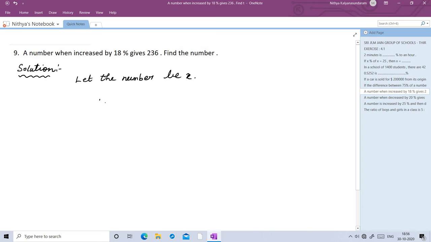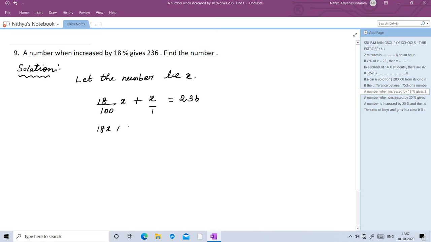So 18 by 100 into x plus that number x is equal to 236. If the denominator is missing, consider it as 1. So 18x by 100 plus x by 1. Take the LCM, which is 100. So you multiply x by 100 here.